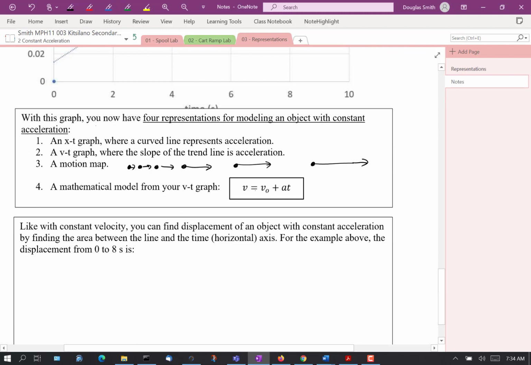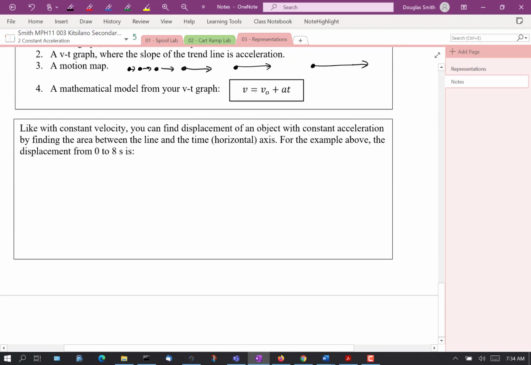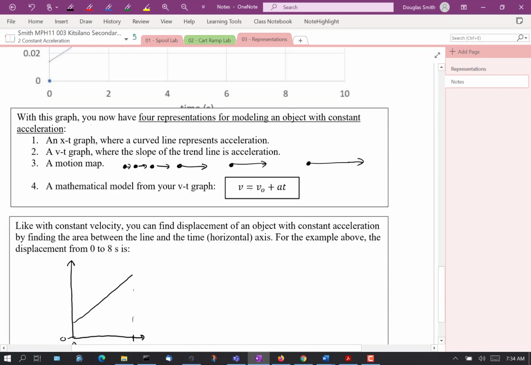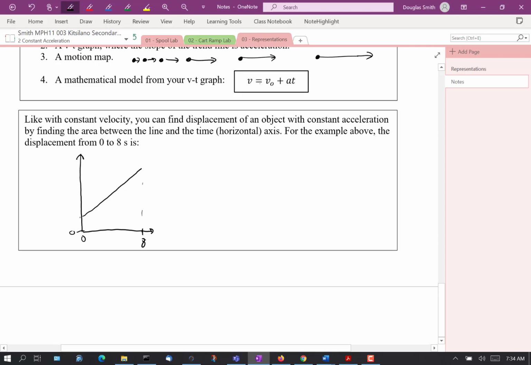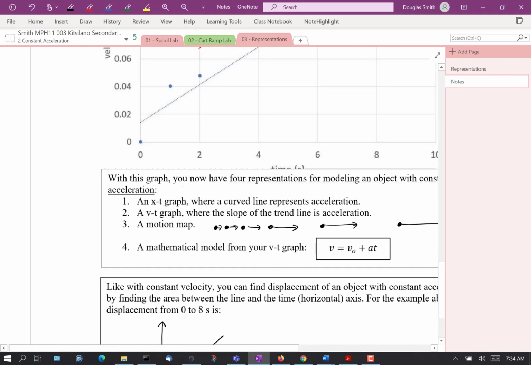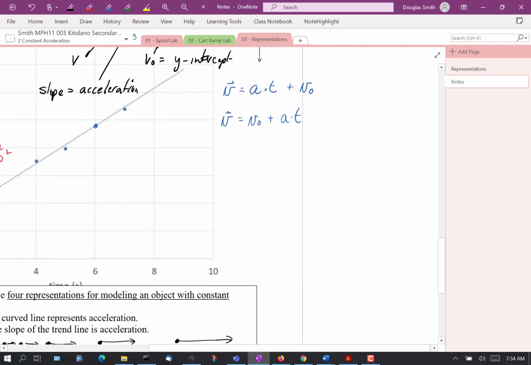And the displacement is the area between the line and the horizontal axis. So I'll just redraw this here. Here's the graph. So this is 0, this is 0. That is, I think it's 8, right? 8. And this point there was, I think we said it was 0.014.